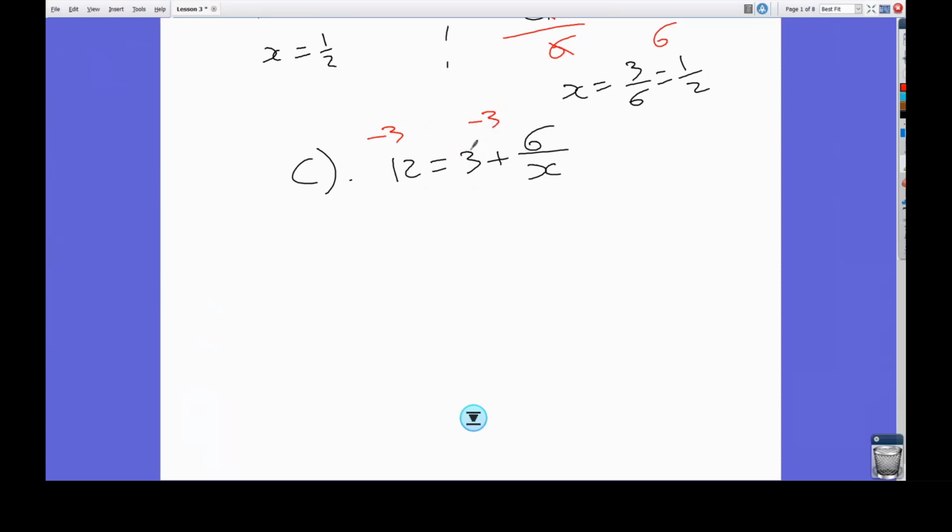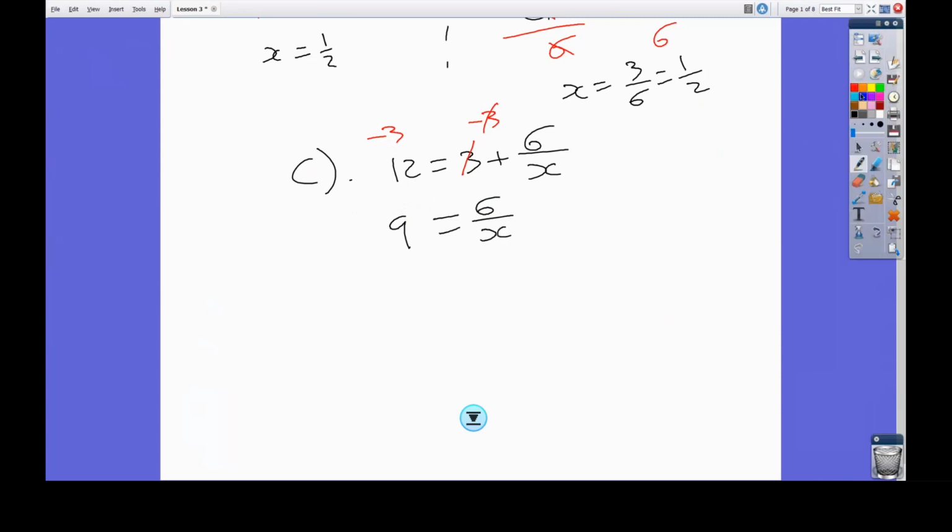On the right-hand side, I have 3 take away 3. They're going to cancel out. On the left-hand side, I get 12 take away 3, which is just 9. So I get 9 is equal to 6 over x. Okay, great. Now we have an equation much like the 2 that we just solved. I can multiply both sides by x, which on the right will mean my x's cancel out, and on the left just means I multiply by x.